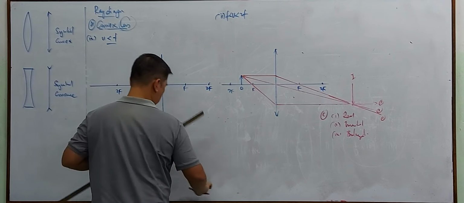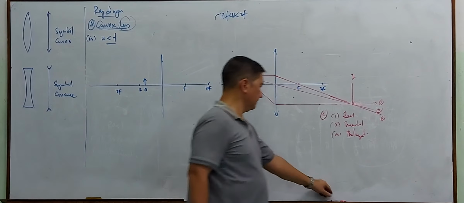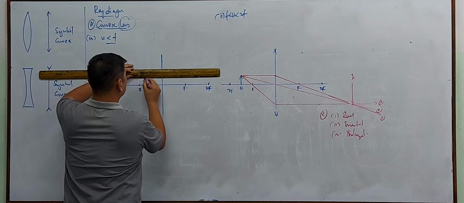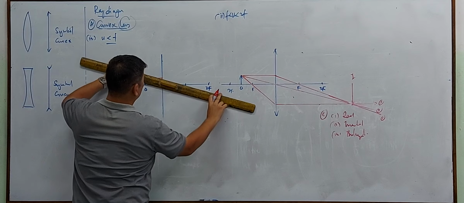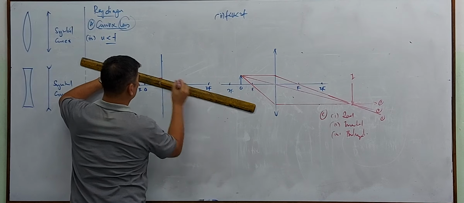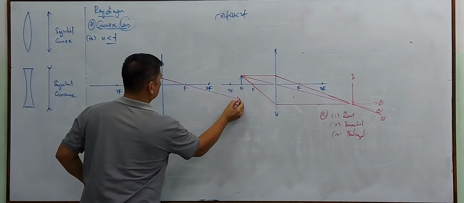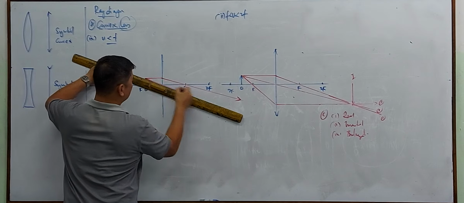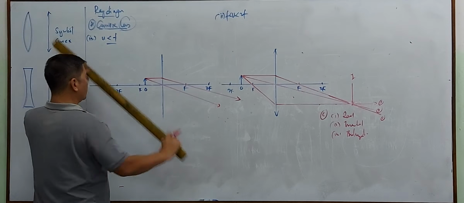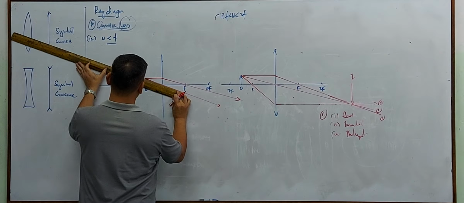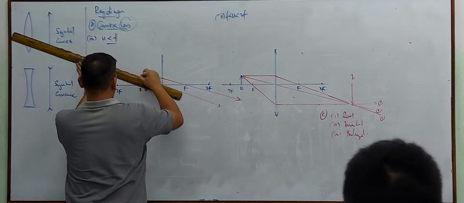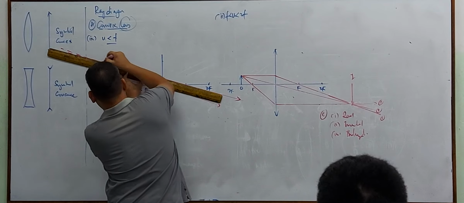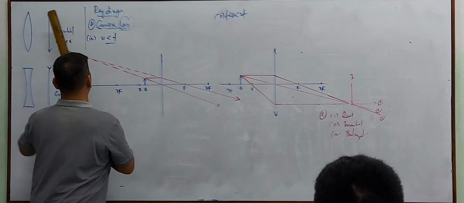This is the object O. Line, parallel. Another one passing through the center of the lens and then they don't coincide behind. So I have to extrapolate the line to the front of the lens. Okay, so that is where they meet.